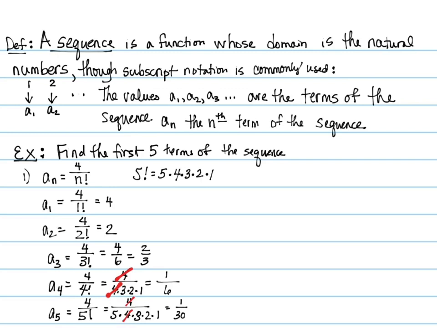But it'll just give you a sequence of numbers if you ask it to. So we're actually looking at this being 4, 2, 2/3, 1/6, and then 1/30 as our answer to our question. Make sense? All right. We will stop there today.